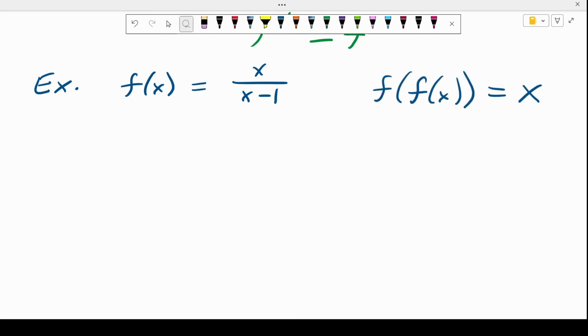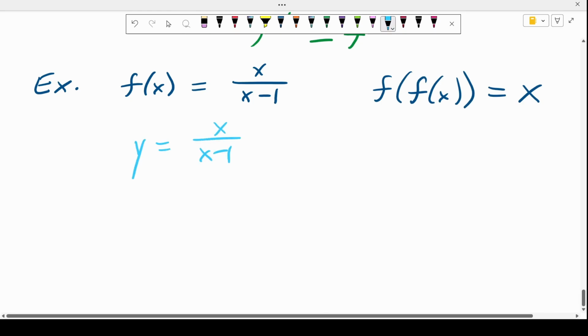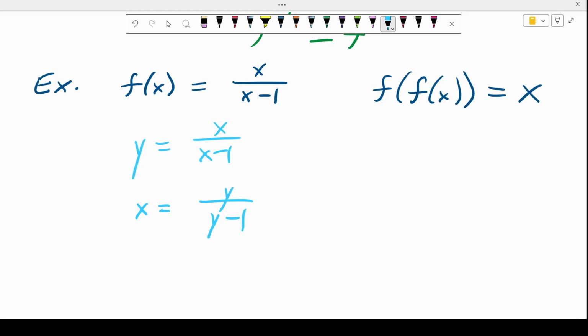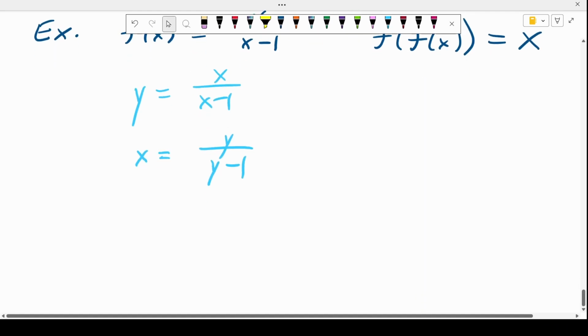I'll put this up here, save it for later. First, I'm going to do it the straightforward way. I'm going to say, okay, y equals x over x minus 1. Now I need to replace all x's with y's and all y's with x. This time, I have y in 2 spots. Some people get a little bit tripped up when they're trying to solve for y and y is in 2 spots. Don't let it bother you.